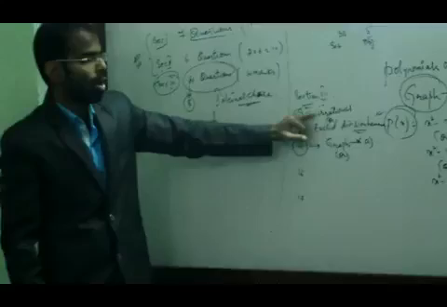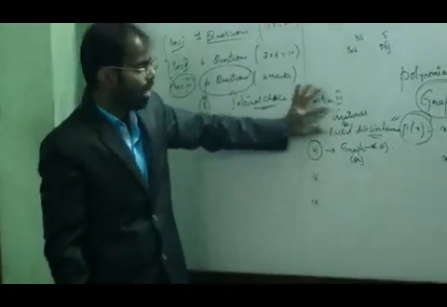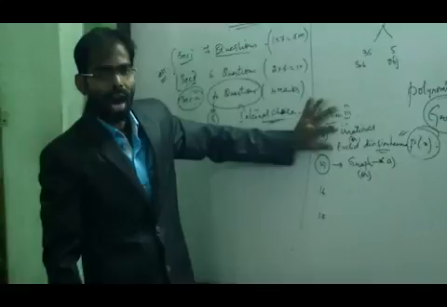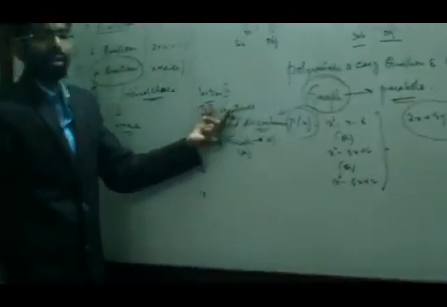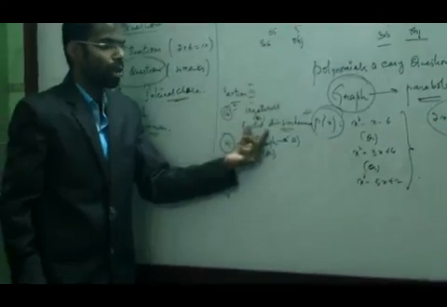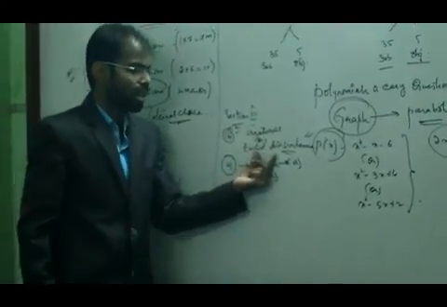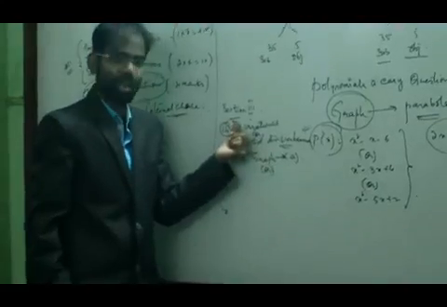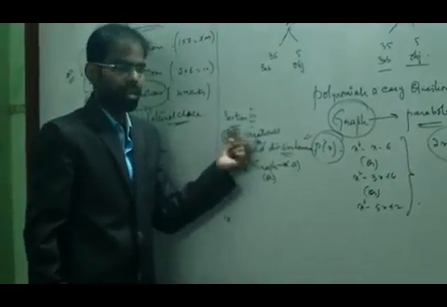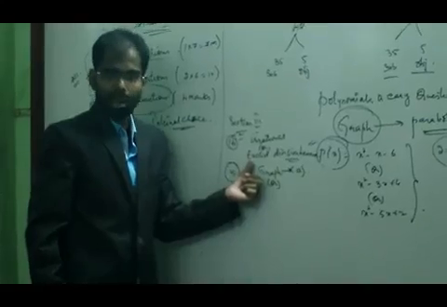These questions are from the chapter real numbers. Don't get confused between irrational numbers and Euclid division lemma. If they ask Euclid division lemma, they will not ask irrational. If they ask irrational numbers, they will not ask Euclid division lemma.